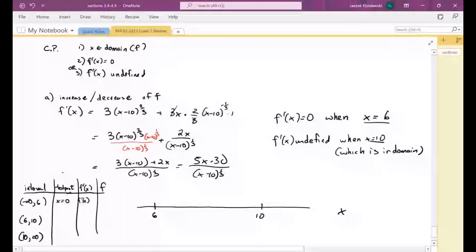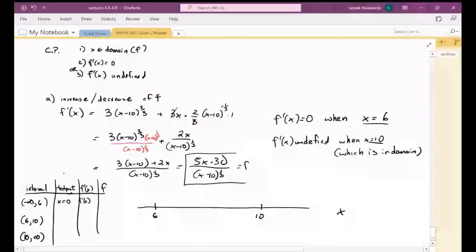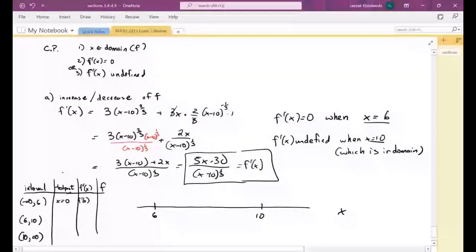Here's f prime, guys. Factored is better if you're checking for whether something's negative or positive. So that would be positive, right? Yeah.